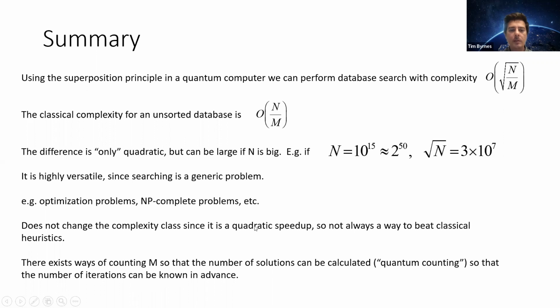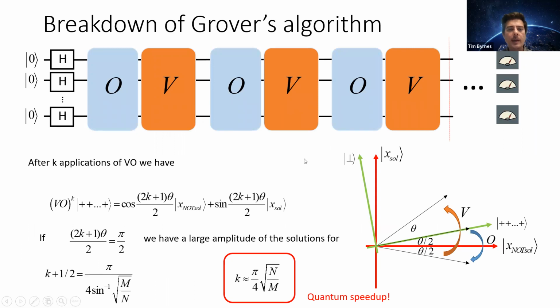Is this the last slide? Yes. So finally, maybe a question you might have is: how do I know how many times I'm supposed to apply this OV? Because obviously you don't know the solutions; you're looking for them.